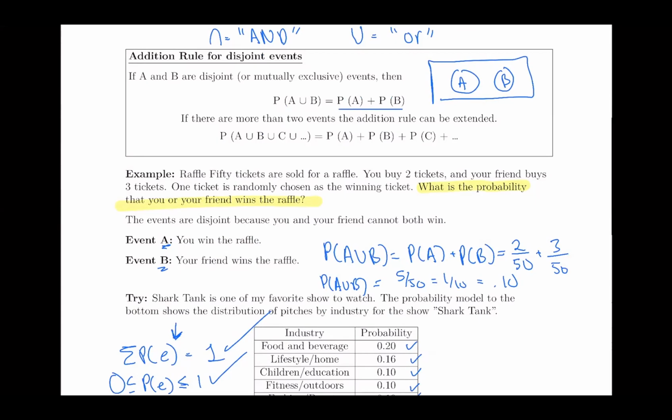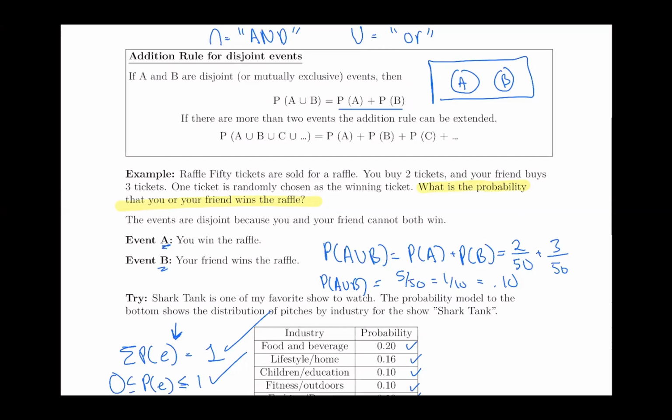No, if you look at it in the raffle, they don't give me the percentage. So what we had to do in the raffle was first find the percentage, and that's why we're doing 2 divided by 50. If the 2 and the 3 came with the actual percentages, you would do 2 plus 3 and get the percentage. But in this case, since they don't give us the percentage, we have to go ahead and find it. That's why we do 2 divided by 50.